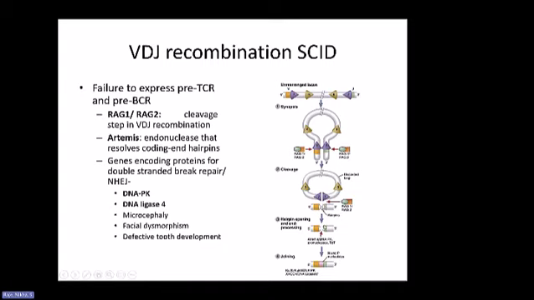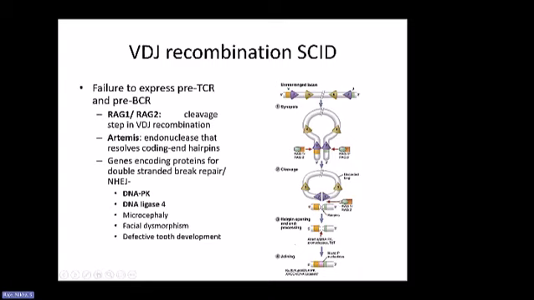Once that hairpin is created and opened up, there is processing at those ends, and enzymes like DNA-PK and DNA ligase 4, along with TdT, add some nucleotides and help to repair those junctions and lead to the formation of the final VDJ recombined DNA.